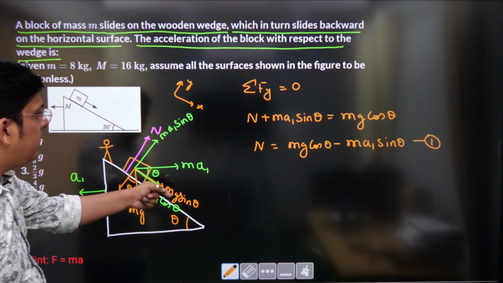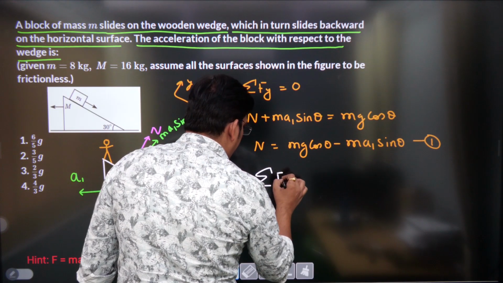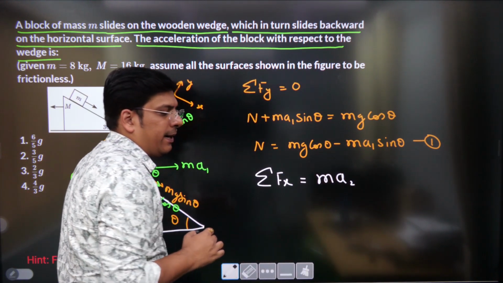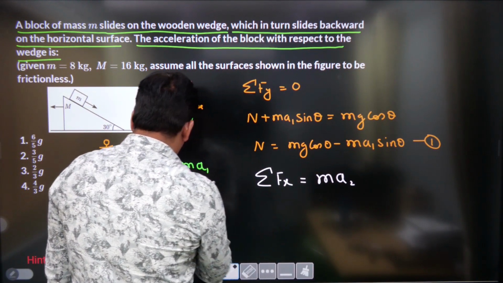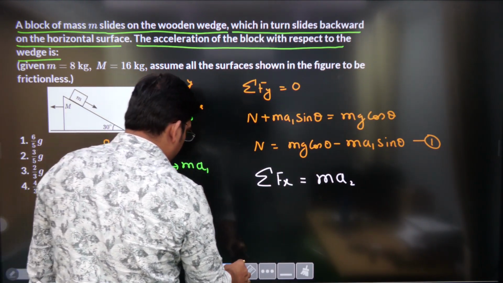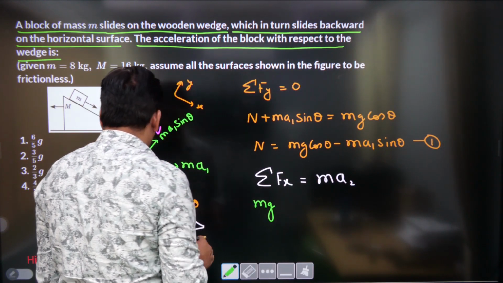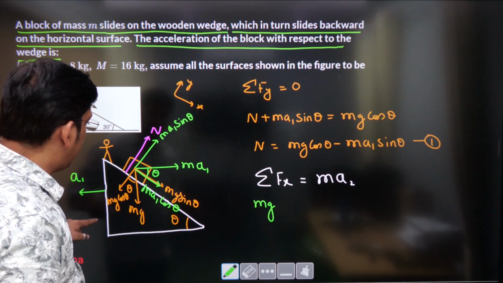Now also down the inclined plane, summation Fx would be equal to the mass of the block multiplied by the acceleration of the block with respect to the wedge, which is a2 here. Now this is mg sin theta plus ma1 cos theta. Normal reaction plus ma1 sin theta must balance mg cos theta.